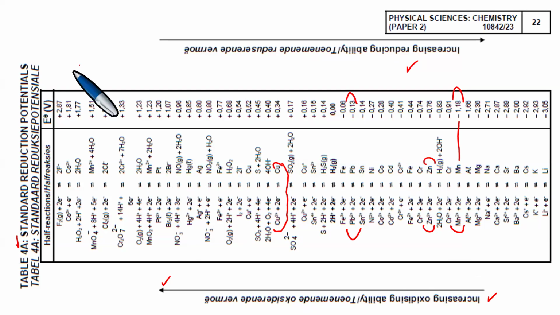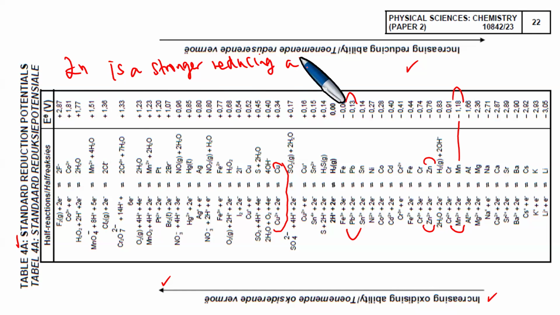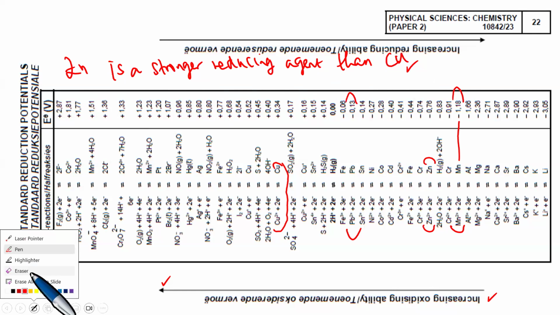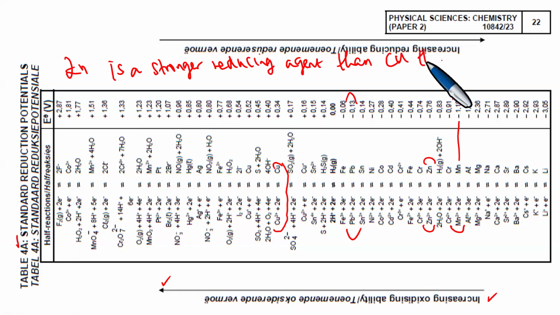So now we know that zinc is a stronger reducing agent than copper.